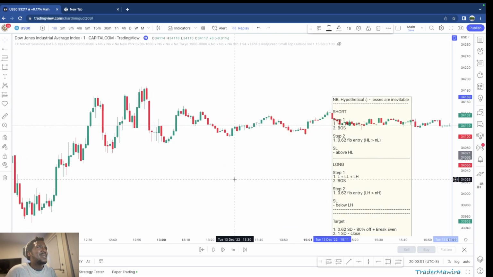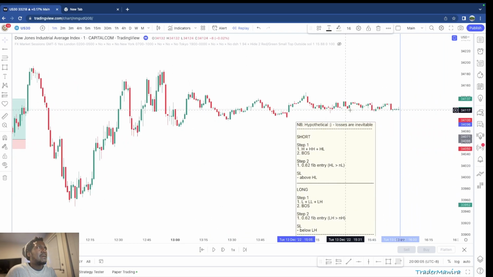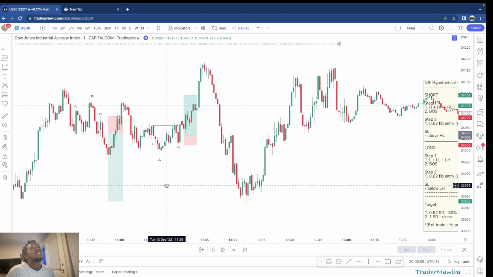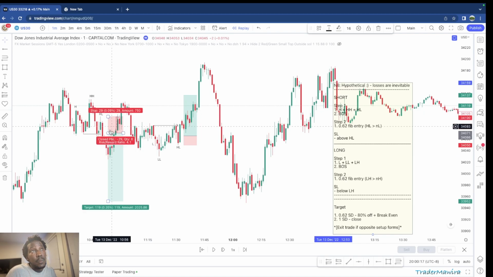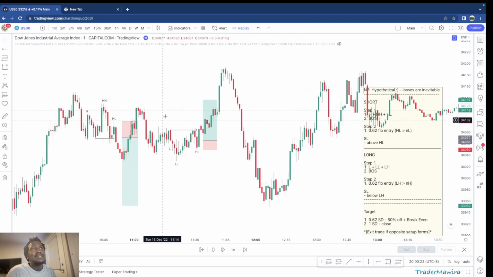So pretty much looks like this day would have been a negative day, but even though it would have been a negative day, we only lost one trade. So if you're just risking 1% per trade, today would have just been a minus 1%, and we had a potential here to make something good, but it just didn't come to us, and it's okay.